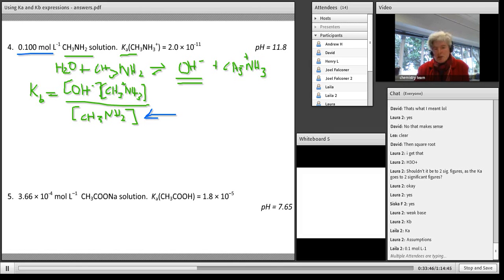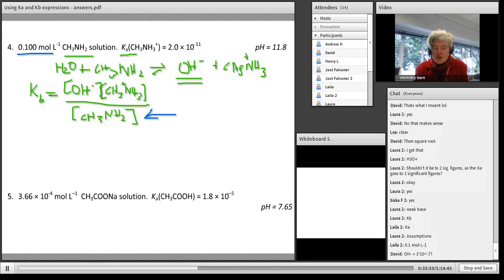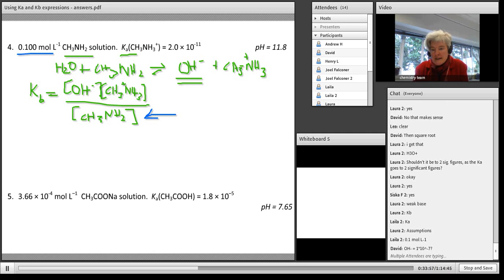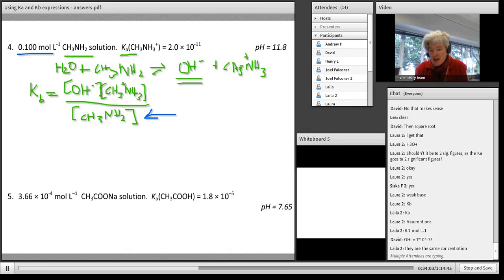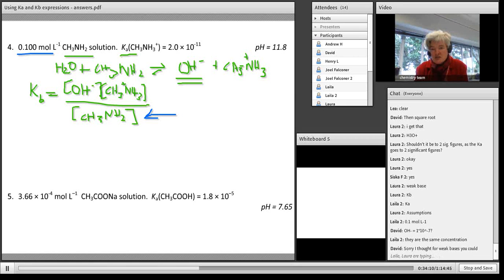Okay, so I've got that. I'm not going to write the assumptions here, my hand's getting a bit sore with using my mouse. What can I assume about the hydroxide and the methyl ammonium ion concentrations? Okay, again, David, I can't assume that my hydroxide is 1 times 10 to the minus 7. I can only do that for a neutral solution, so only if the pH is 7.